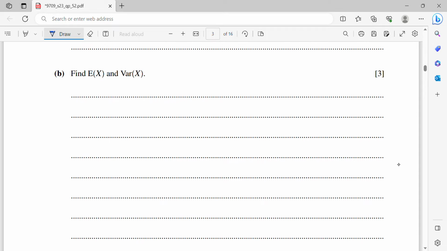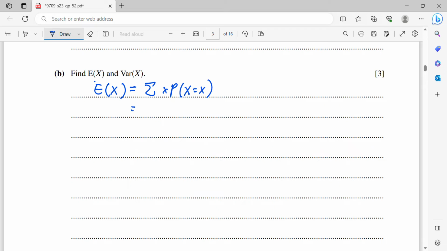Okay, now B, find E(X) and variance of X. So E(X) and variance of X will be calculated based on the probability distribution table that we have found. For your information, E(X) is basically the summation of x times p(x).